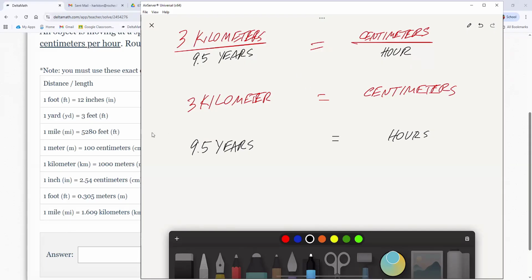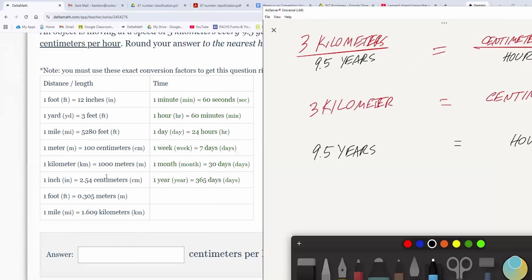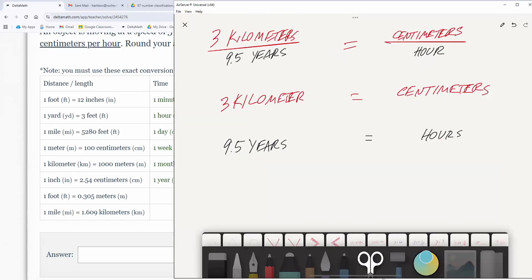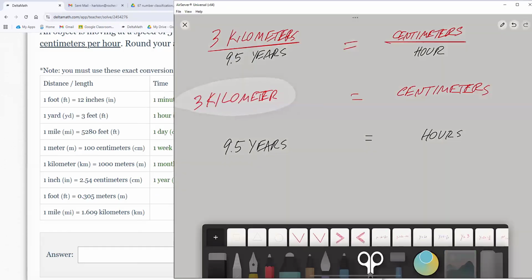Let's do that. Do we have a conversion that goes from kilometers to centimeters? We don't. We have kilometers to meters, meters to centimeters. So we've got to do 2 conversions. Let me move this over a little bit so we can have some room.